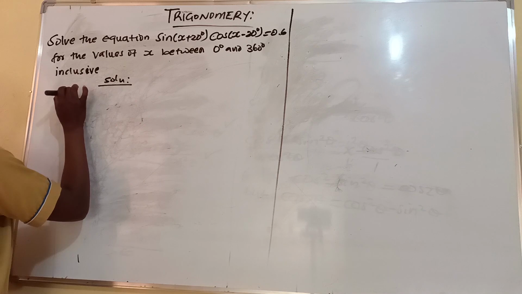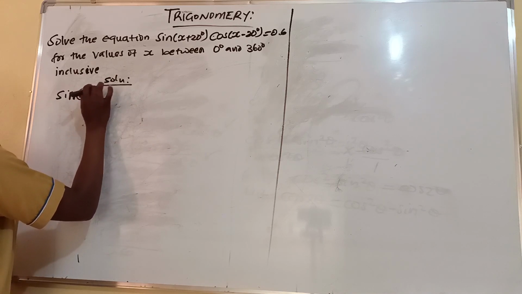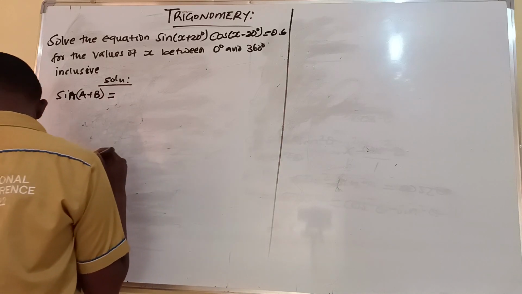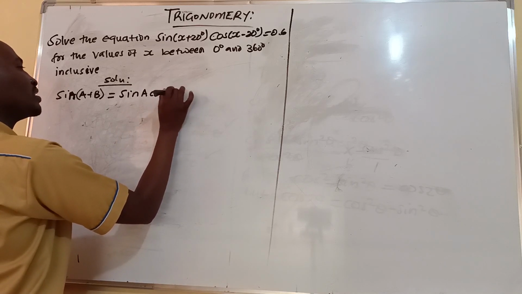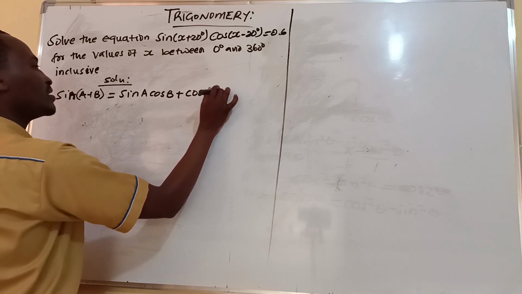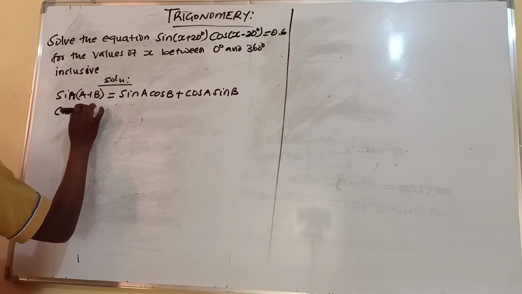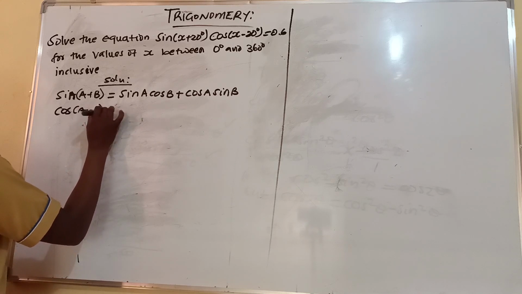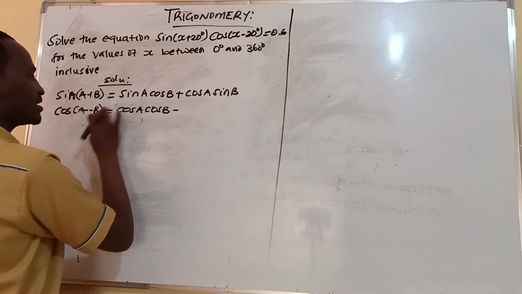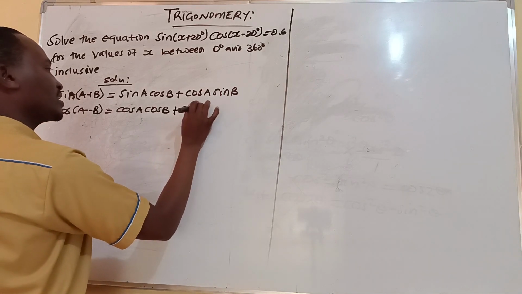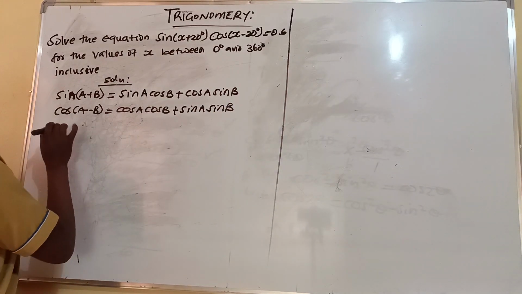We know sin(A + B) is equal to sin A cos B plus cos A sin B, and cosine of (A - B) is equal to cos A cos B, and if it's minus here, it's plus sin A sin B.